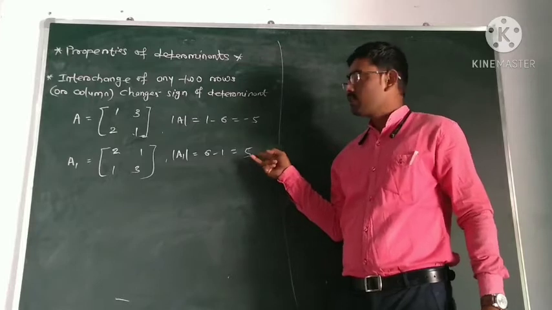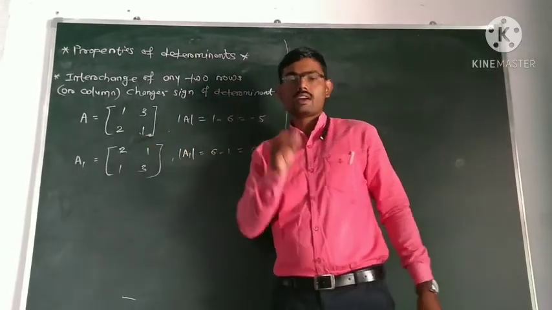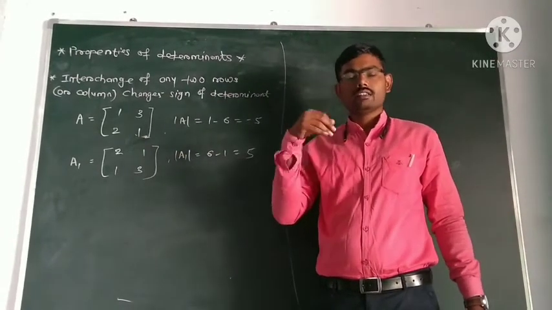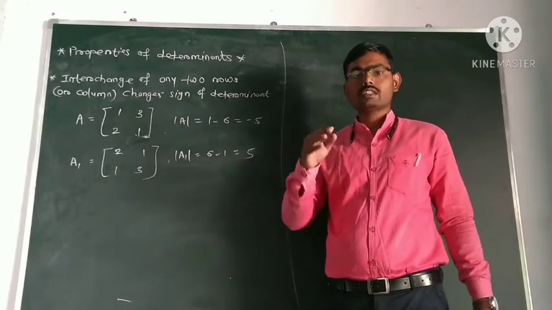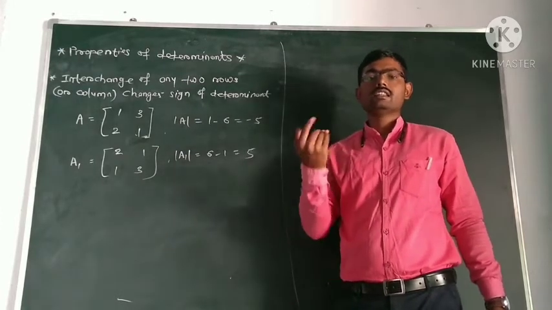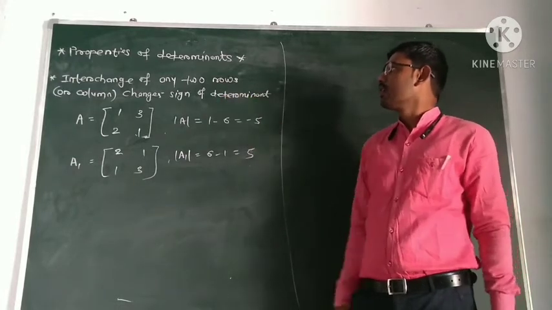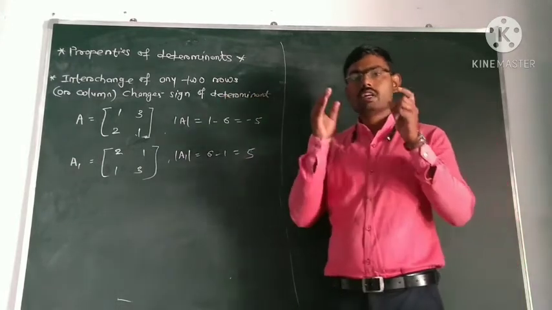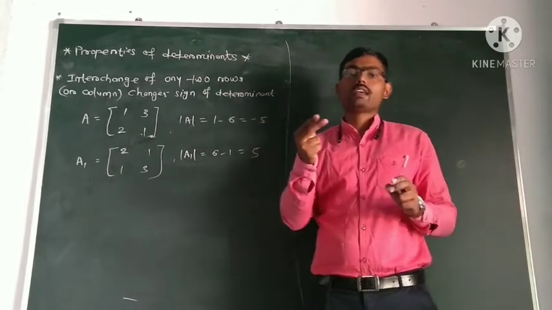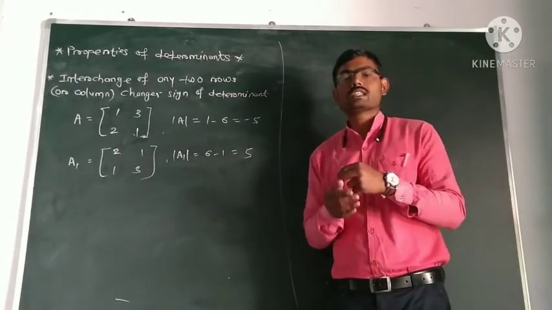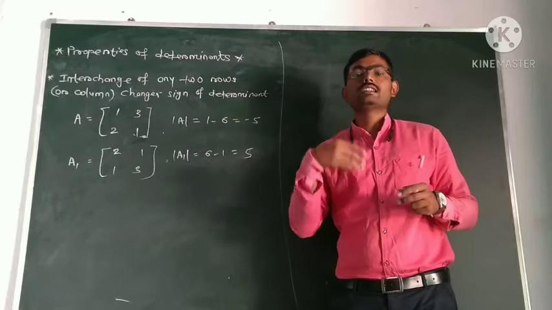The same holds for a bigger matrix. This is the first property: if you interchange any two rows or any two columns of the matrix, then the determinant changes its sign.